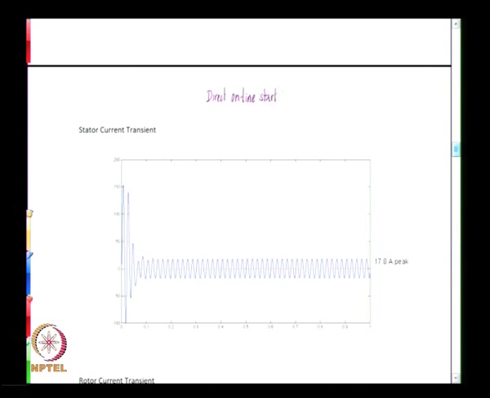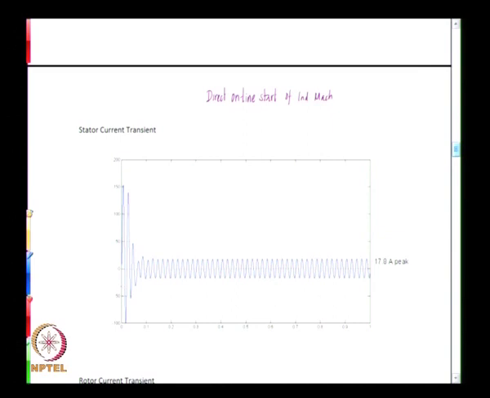That means the machine, which is connected to the load, is there, and you are simply trying to connect the supply voltage to the machine in one single step. The entire voltage is simply switched on to the machine. In that case, what happens?